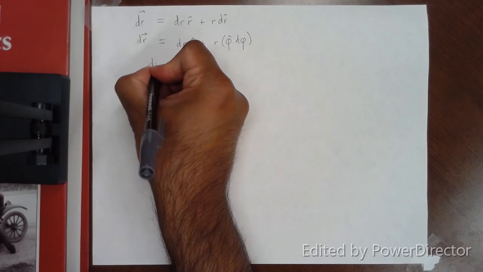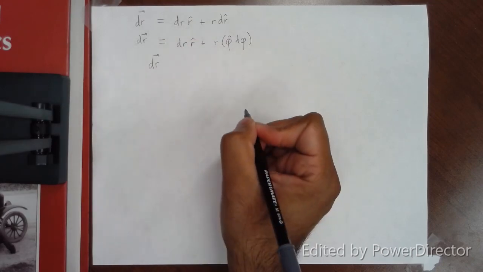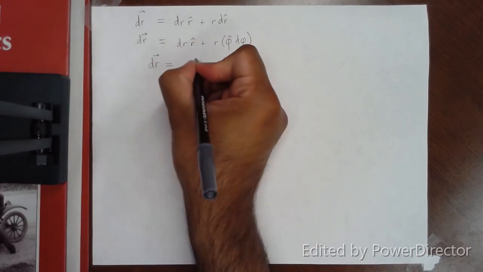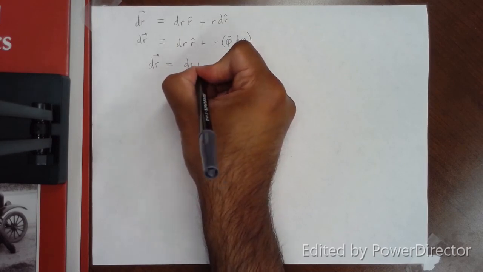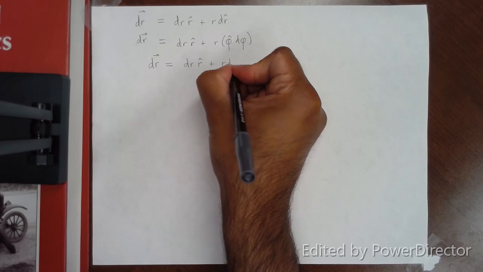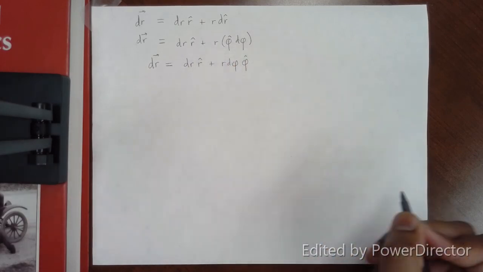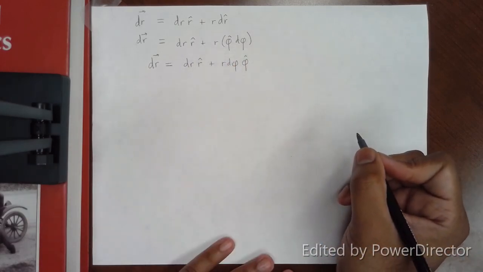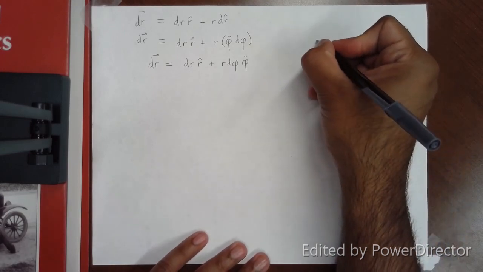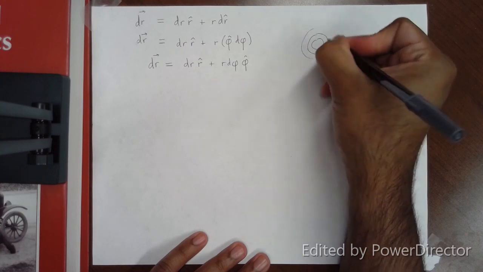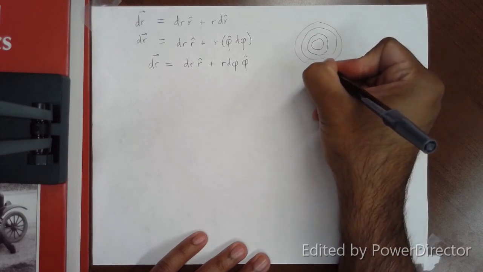So we obtain dr vector is equal to dr times r hat plus r d phi times phi hat. Let's think about if this makes sense. Remember our coordinate system is a bunch of circles and straight lines.